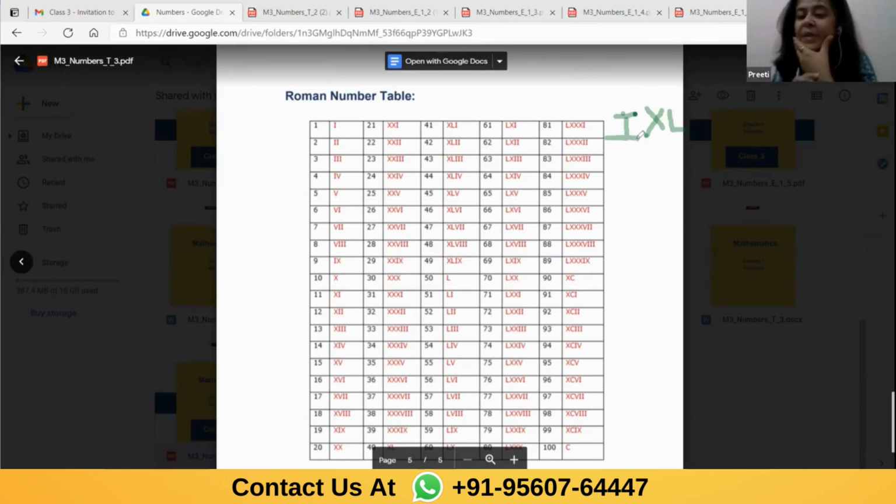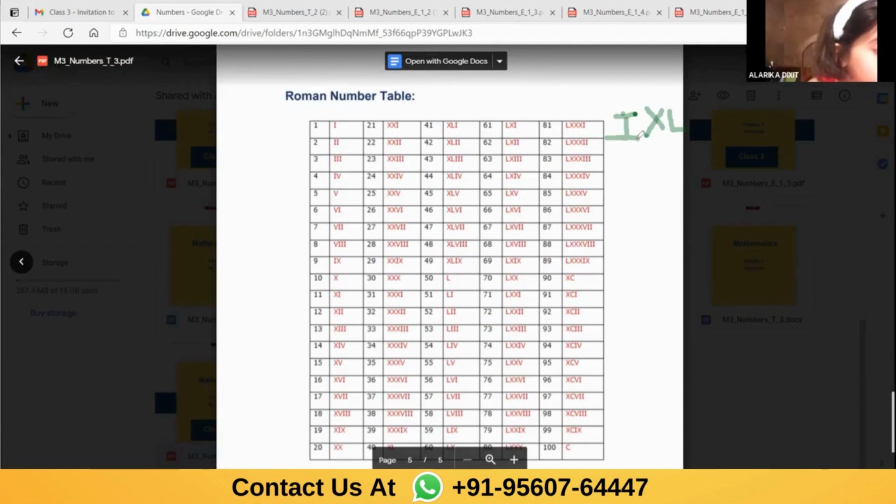See, we subtract. I'll give you a reason, Daksh. We subtract a number. I told you in the rules, did I tell you that X cannot be written on the left? The rule that you people were noting down, what was that rule? The rule is V, L and D are never subtracted.